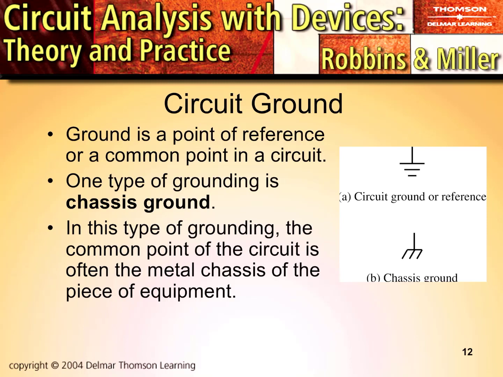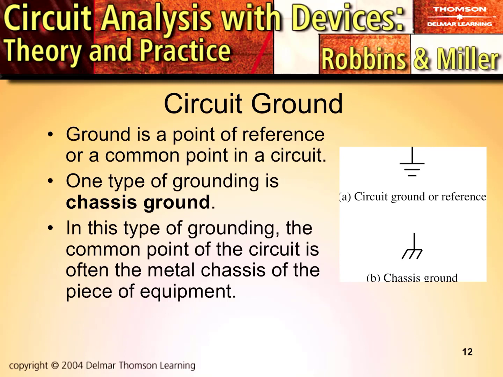Your black lead will always be on point C. I'm going to make that the point of reference for every voltage that you read in this circuit. That could also be called ground if I chose to call it ground. It was called point C in my example, but as a common point of reference, it could have been called ground.